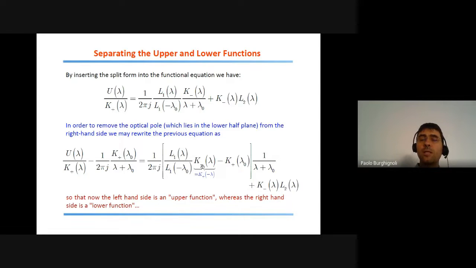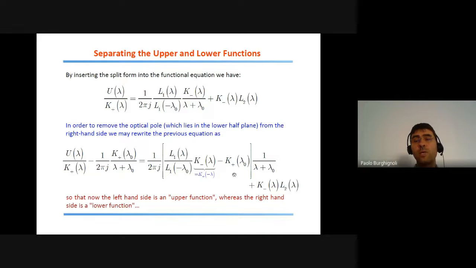That is because if you do that the same, of course, on the right-hand side, what you get is that the term that contains the pole, 1 divided by lambda plus lambda 0, gets multiplied by this square bracket. And inside the square bracket, what you now have is something that is equal to 0 when lambda is equal to minus lambda 0.